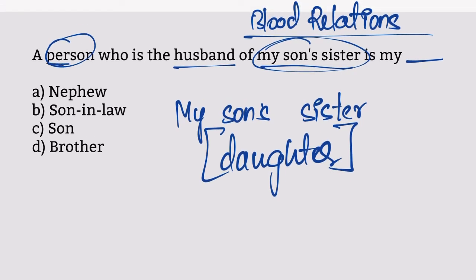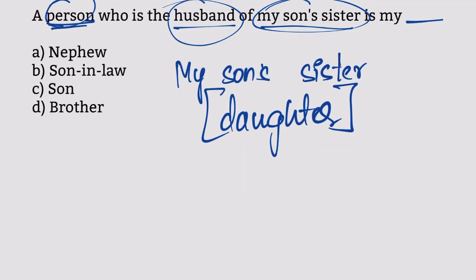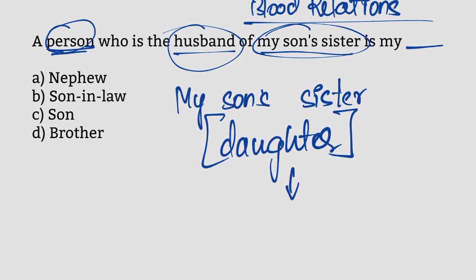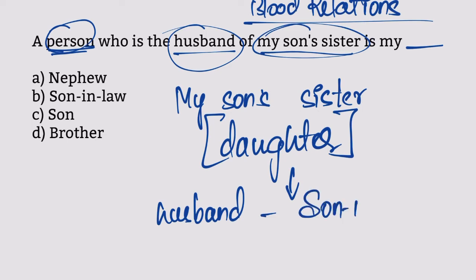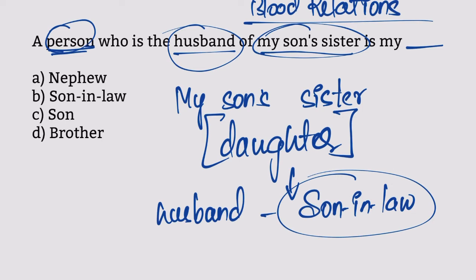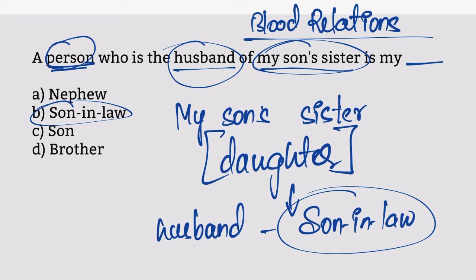He is not only referring to the daughter, he is ultimately saying a person who is the husband of my son's sister. That means your daughter's husband, who is none other than your son-in-law. So which is the right option in this case? Son-in-law, option B. This was a very easy question.